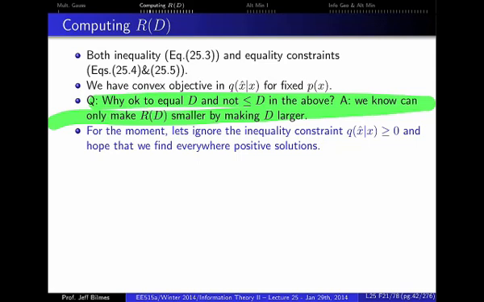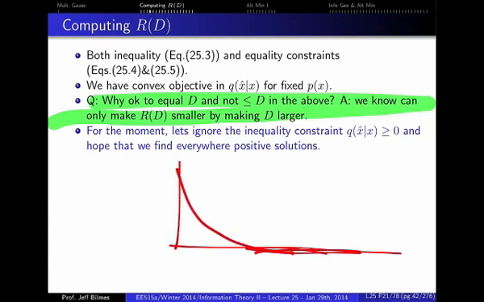Again, it's based on the properties of the rate distortion function itself, which we've already analyzed. Remember, the function looks like this. We know it's convex. We know it's monotone, non-increasing.